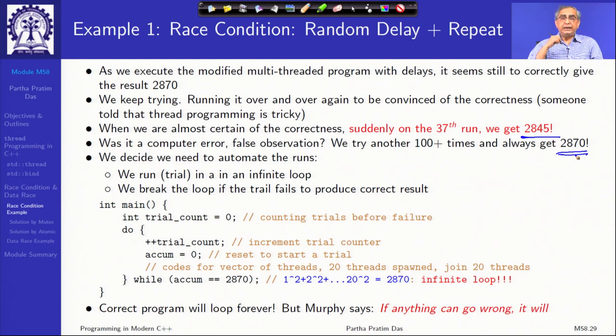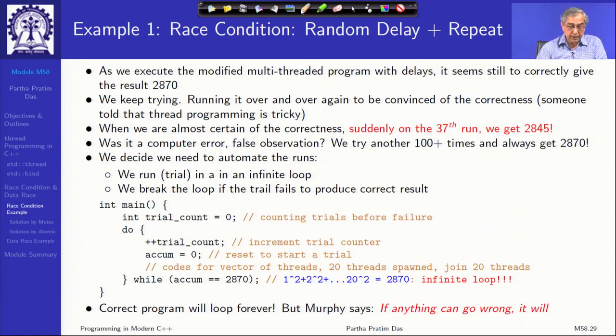So, I realized that before I can be convinced, I need to have some automated test for this. I cannot just keep going to online GDB and running it every time, getting mad. So, how can I do an automated test? It is very simple.